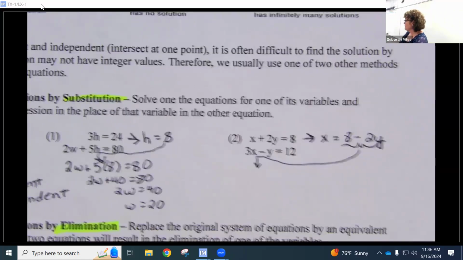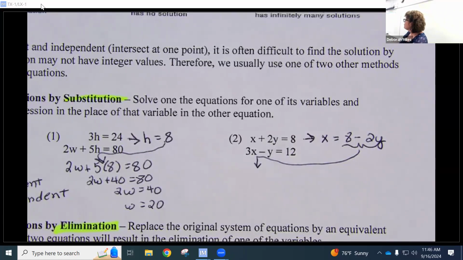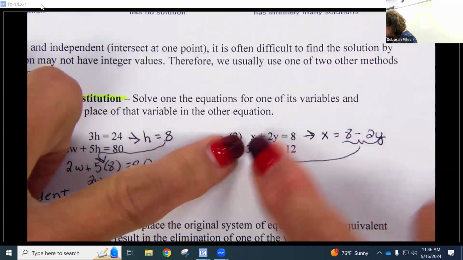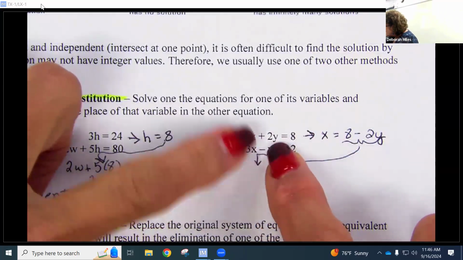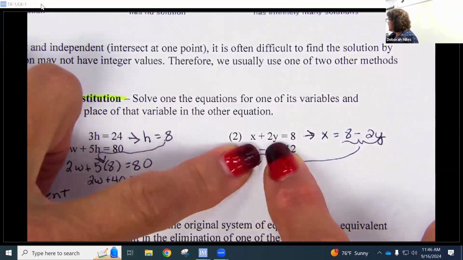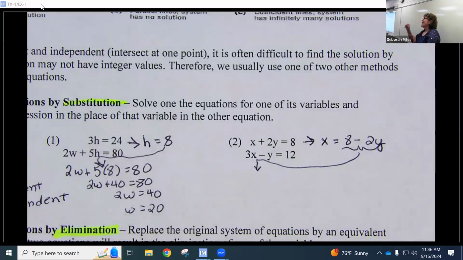Yes, sir. You put 0. Let me see if I can help you figure out the answer to that, Justin. If I put, you mean at the same time, let x be 0 and let y be 0? Oh, one at a time. If I were graphing, what is it that we find when we're graphing lines? We let x be 0, what are we trying to find? x is 0 for the y-intercept, and y is 0 for the x-intercept.